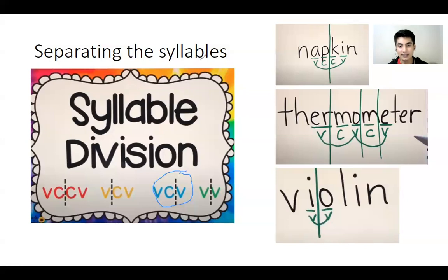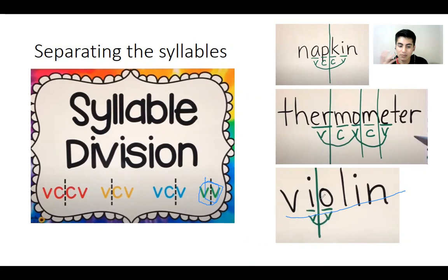And finally, and I think this is the hardest one, but the one that you can learn, is to separate vowel and vowel. Okay, for example, in the word violin, it may sound like it's only two syllables, but actually we do not produce it like this.